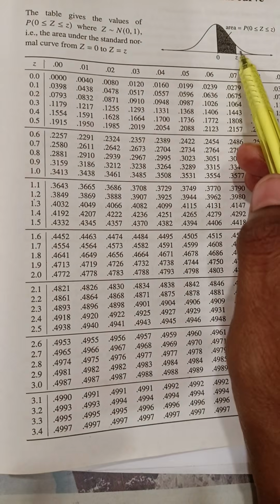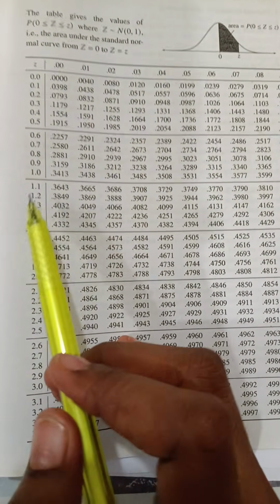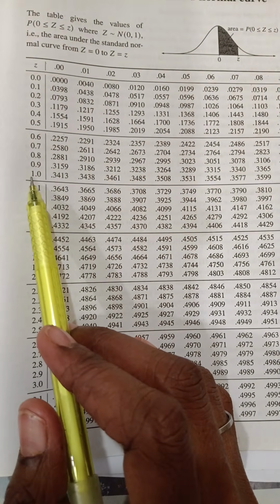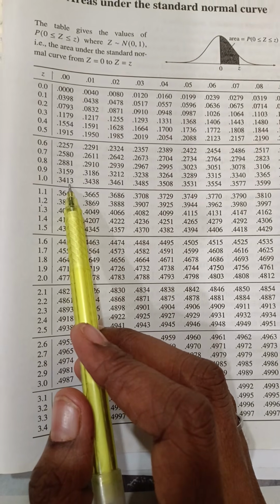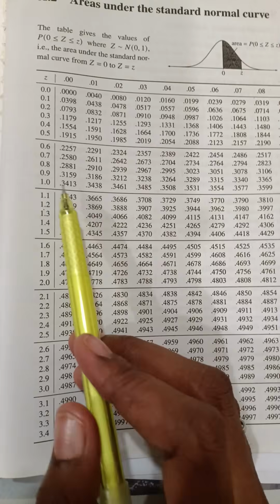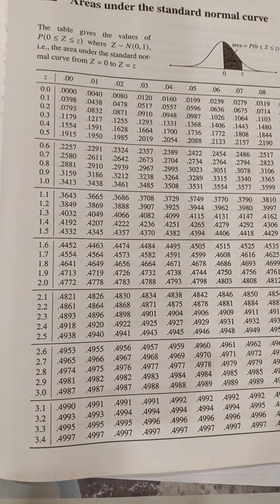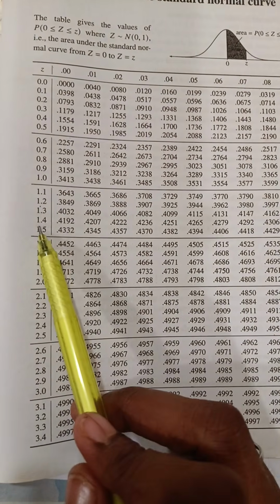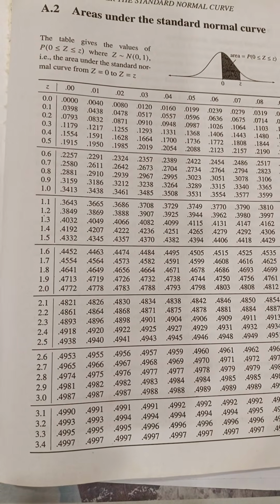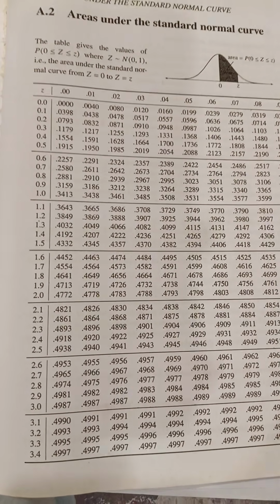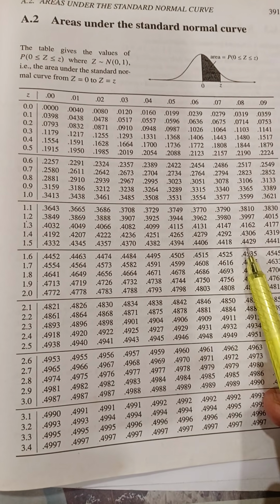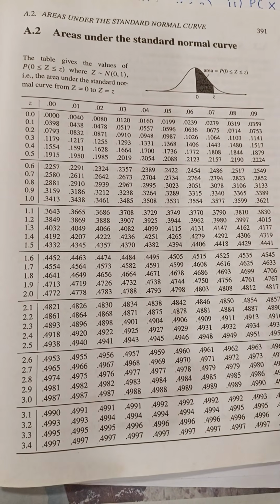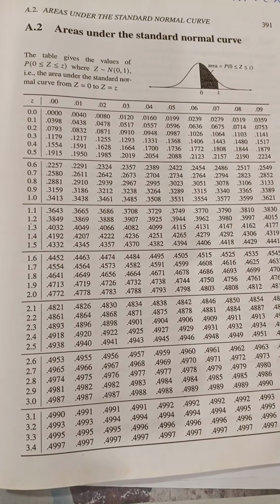If z is equal to 1, then the probability, for 1.00, is 0.3413. And if you want to find the probability from 0 to 1.5, this will be 1.50 here. And if you want to find the probability from 0 to 1.58, it will be here at 1.58. So this is how we are going to refer to the standard normal table.